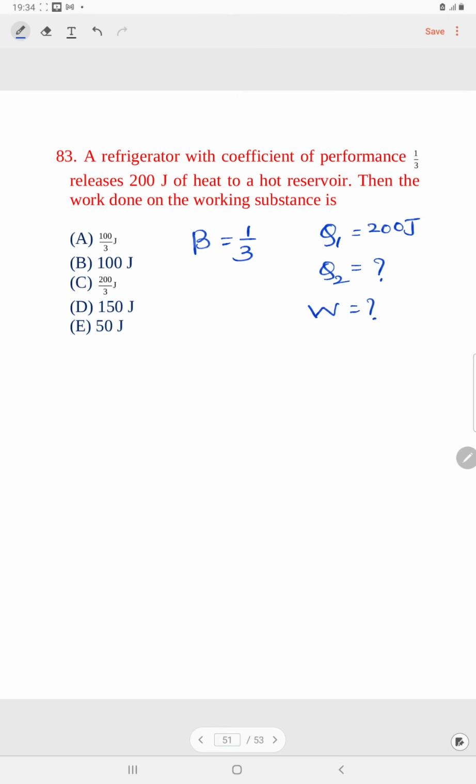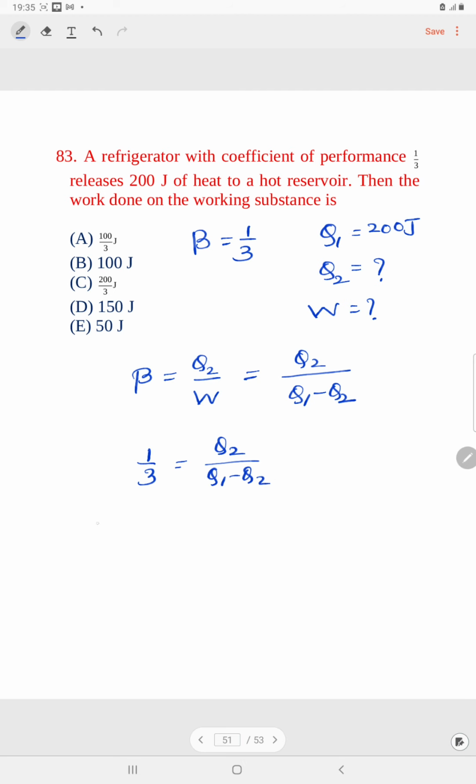So first, let me use the coefficient of performance formula. Beta is equal to Q2 divided by work done, and this work done is also equal to Q1 minus Q2. So beta is Q2 by Q1 minus Q2. Now let me substitute beta as 1 by 3 is equal to Q2 divided by Q1 minus Q2.